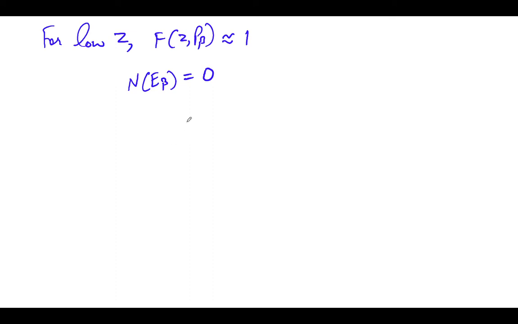For higher atomic number, higher Z, we have to consider this Coulomb interaction, so we have to consider a Coulomb correction.